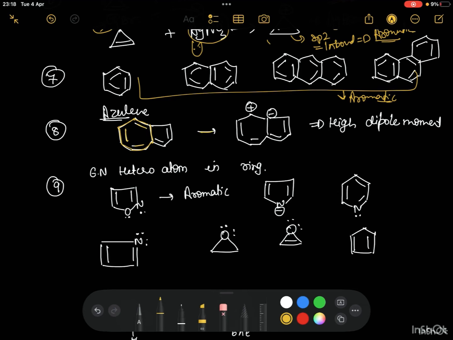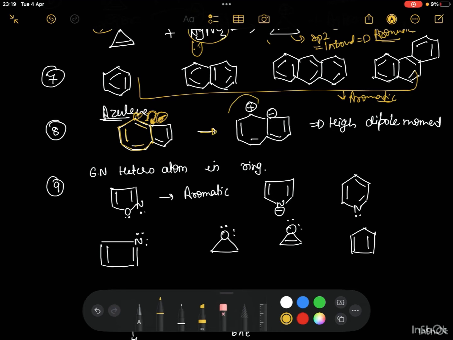What will happen here? This bond moves this side. This shows the movement of electrons. Then the electron will come here, meaning negative charge will come here and positive charge will come here. So this system is like that.